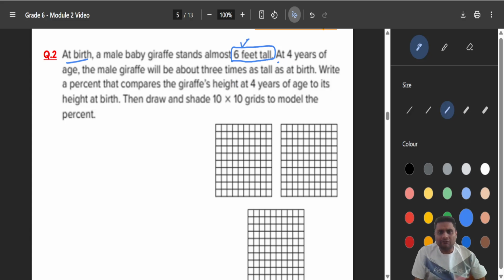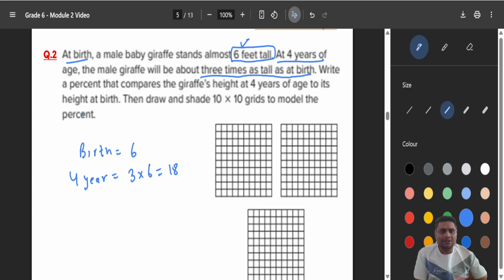Now at 4 years of age, it means after 4 years, the male giraffe will be about 3 times as tall as he was at birth. So at the time of birth, his height was 6 feet, correct? And at 4 years, his height will be 3 times 6, that is 18 feet, right?